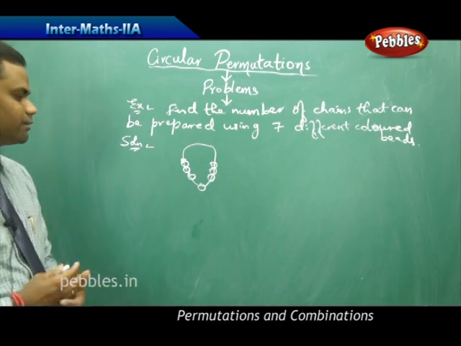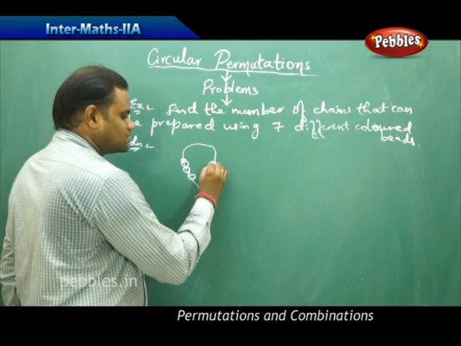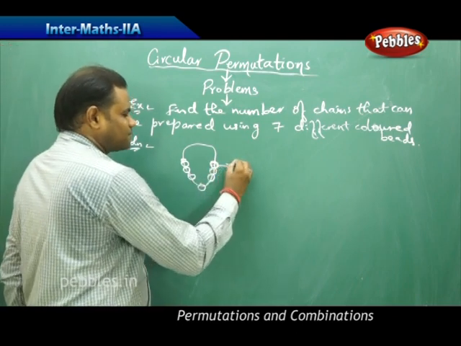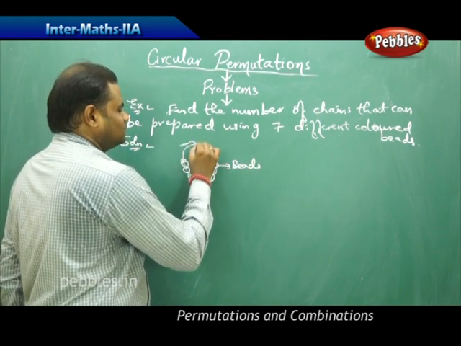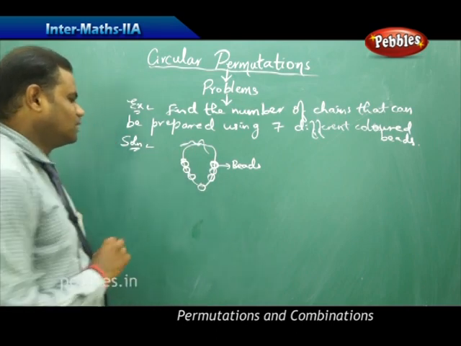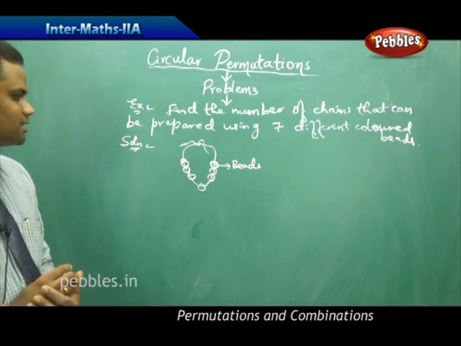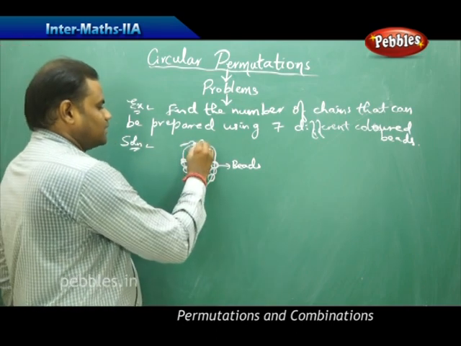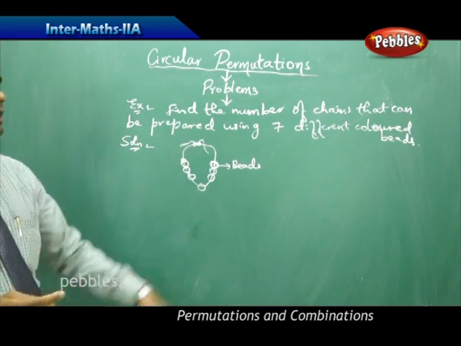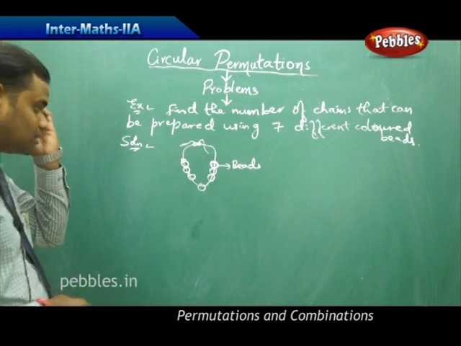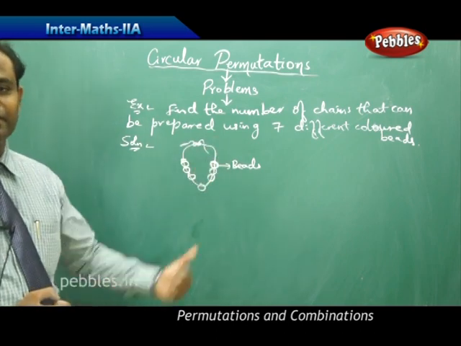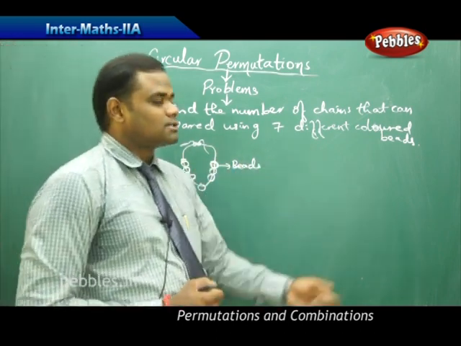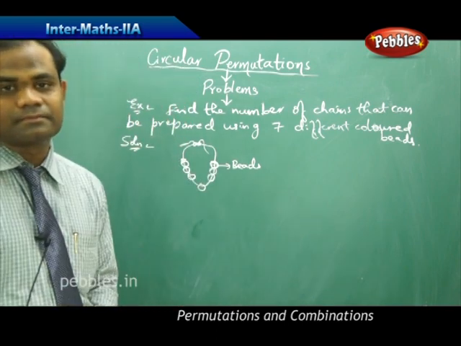Say I want to make an arrangement of 7 different colored beads to make a necklace. Let's see how it is possible to make an arrangement. It doesn't matter whether I go in the clockwise or anti-clockwise direction in case of using 7 different colored beads.